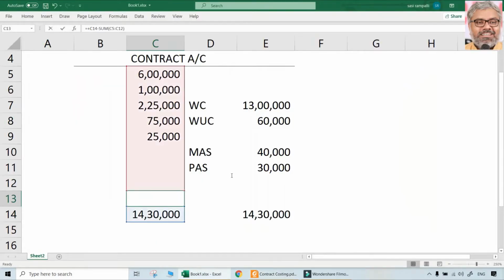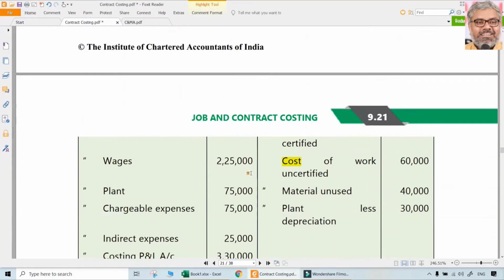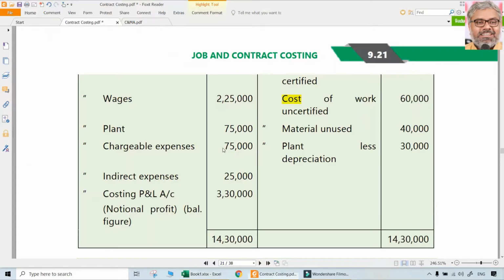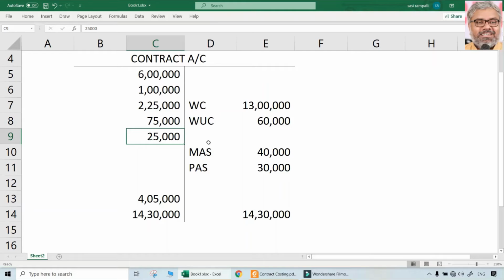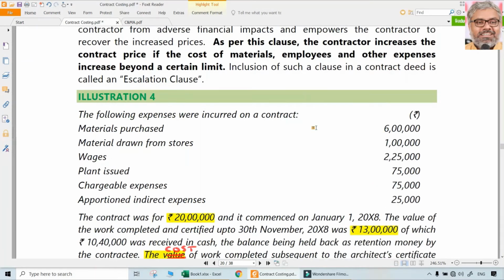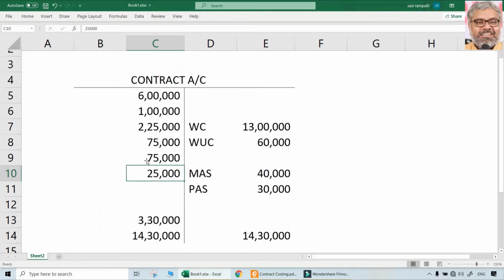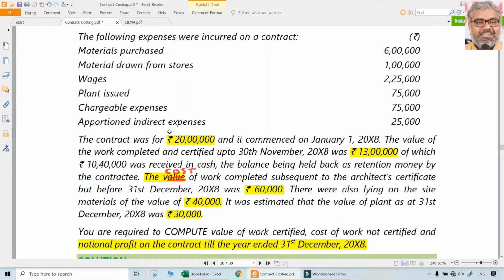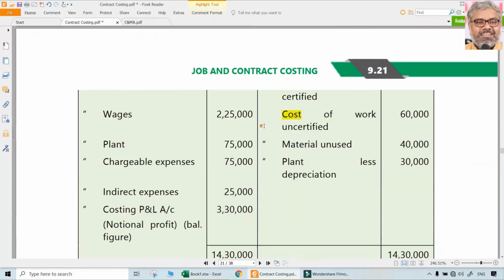Did I miss anything? 6 lakhs, 1 lakh, 2 lakhs 25,000, 75,000, 75,000. Oh, 275,000 are there. One is a plant, other one is chargeable expenses, also 75,000. Yeah, plant issued, chargeable expenses, 275,000 are there, and then 25,000 is anyway indirect expenses. So naturally the notional profit will be 3 lakhs 30,000.